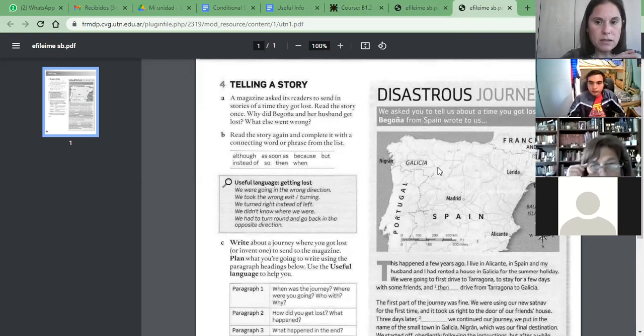But the idea is that you are able to make a story before we finish, using connectors and tenses and structures we have used. Okay? What is the purpose of this story?